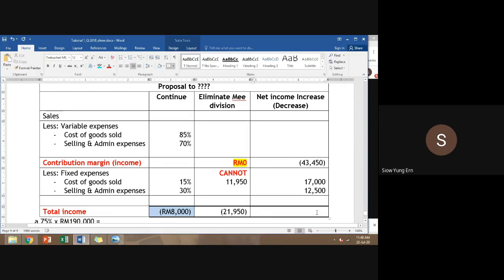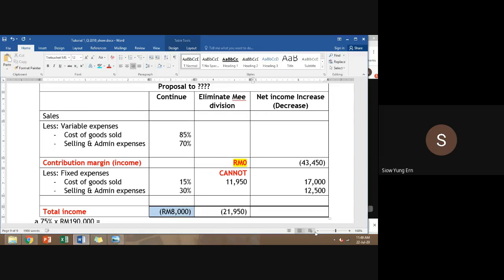So calculate your total income. What do you get? You can either calculate from these two columns or you can compare from these two columns, which shows that your total loss became even worse. Correct, negative.